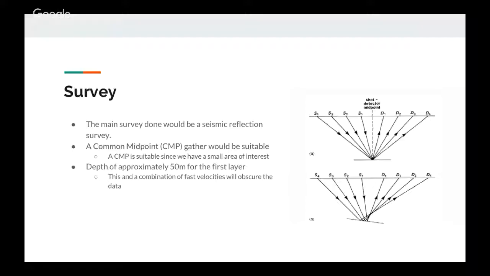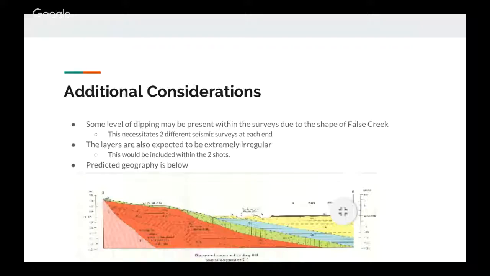And then after that, we'll look more at the tunneling. One more consideration is that there is a lot of steepness in our terrain, so we'd have to take 2 shots at each end around our point of interest to characterize that.